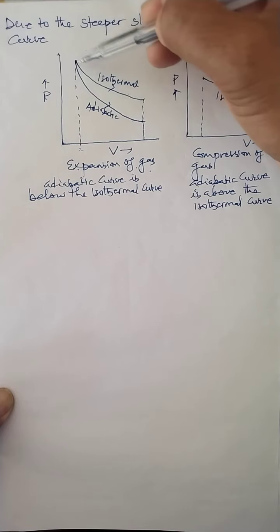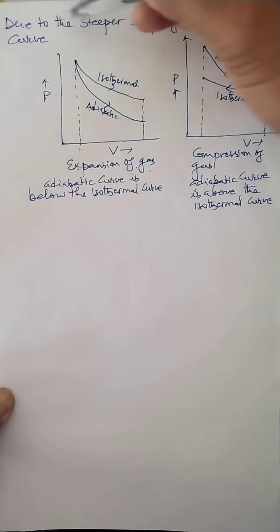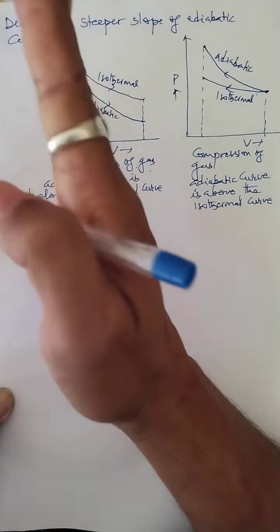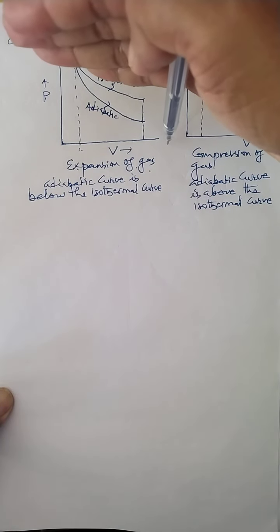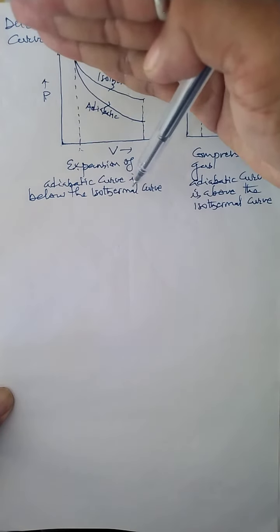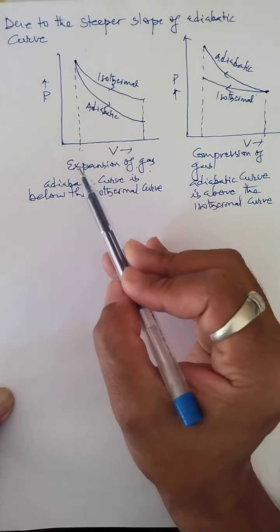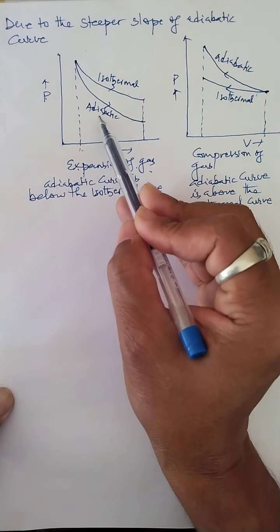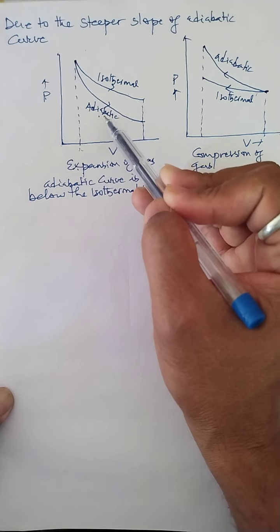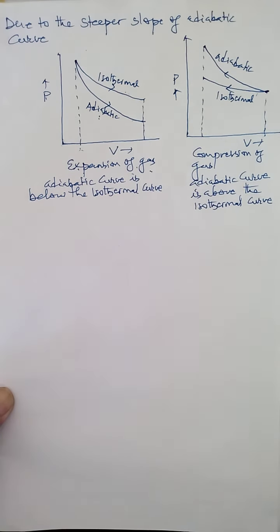This means the slope of the adiabatic curve is more steeper than the isothermal curve. That's why, in case of expansion of gas, the adiabatic curve will be below the isothermal curve, because of the more steeper slope of the adiabatic curve.